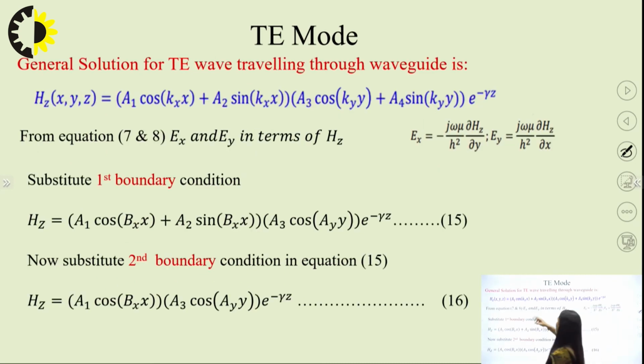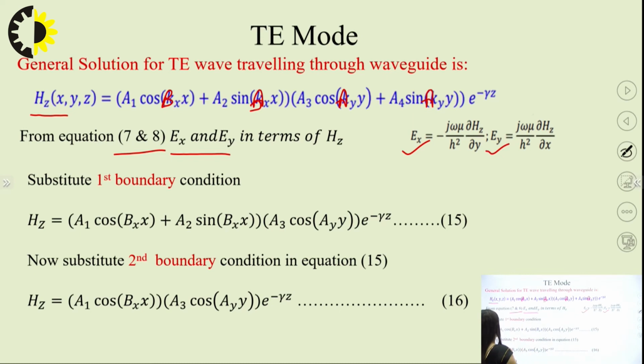So your general solution for TE wave, the difference is that here we are calculating in terms of Hz, and the solution is the same: A1 cos kx x plus A2 sin kx x, and similarly for y. So this is the main equation. From equations 7 and 8 I can find out the values of Ex and Ey in terms of Hz. So this is your Ex and this is your Ey.